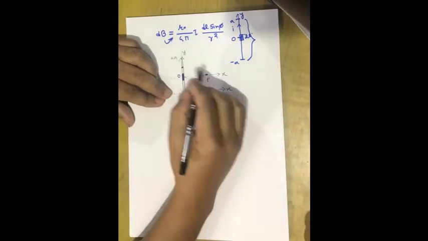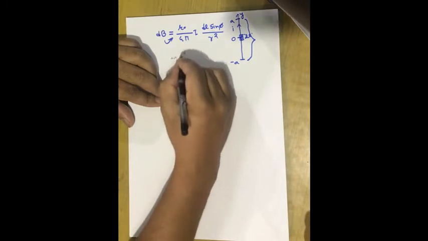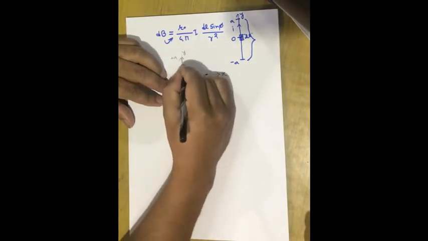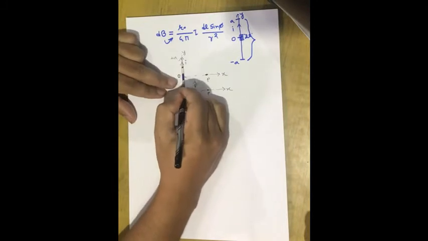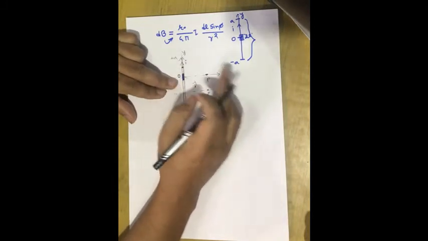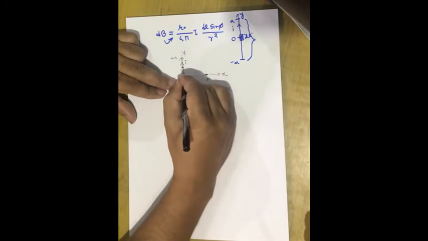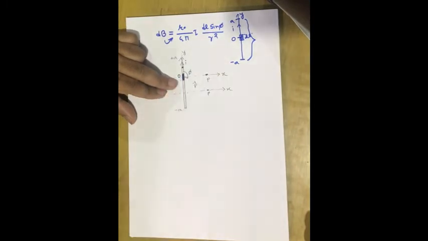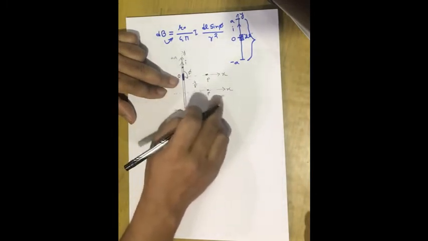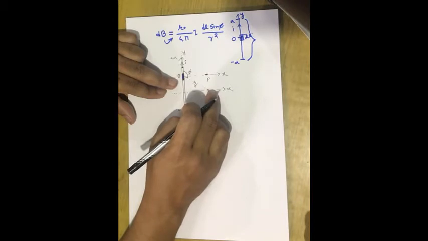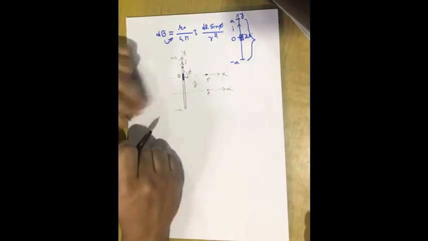The current I is flowing along this direction, and we take the direction of dl as the direction of I, and say this angle is phi. The angle dl makes with the position vector of the point where we determine the magnetic field is phi.